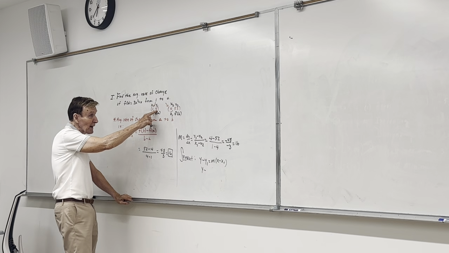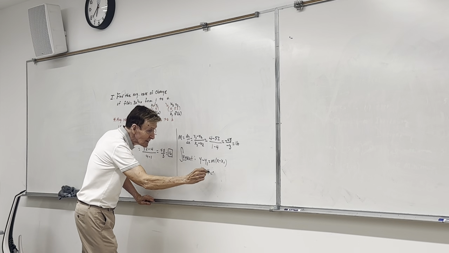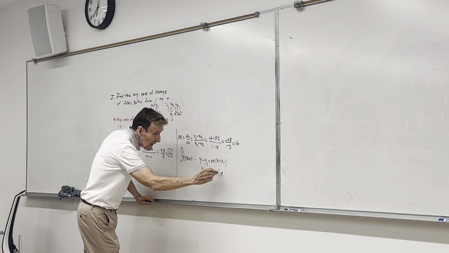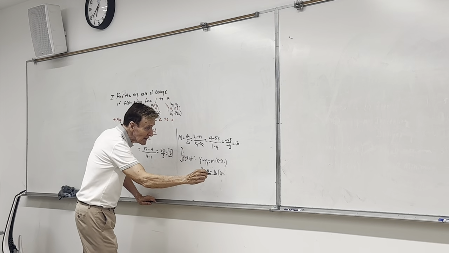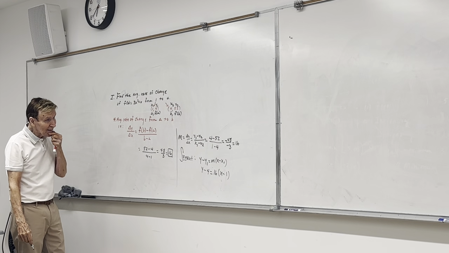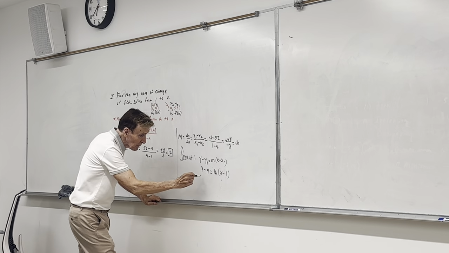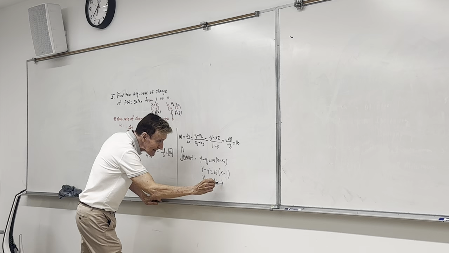Y1, the way I labeled mine was 4. Slope is 16. Strange slope. X subtract x1. X1, the way I labeled, was a 1. Let me step back and make sure I put all those in there correctly. I think I did. Okay, beautiful. Clean this up. Y subtract 4 is equal to 16x subtract 16.